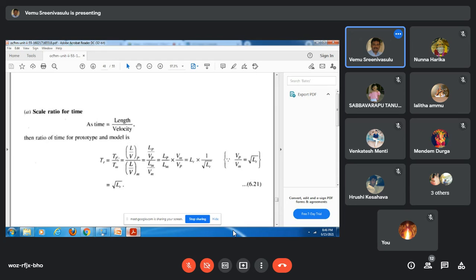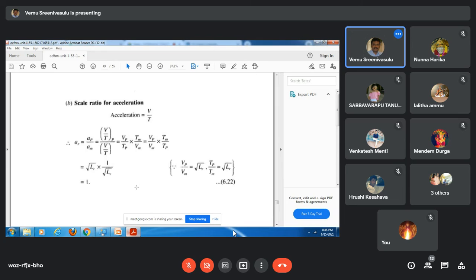Tr, the scale ratio for time, is equal to length by velocity. So the ratio of time for prototype and model, if you simplify this, is square root of LR. Okay. And for acceleration, it is 1 only. Acceleration of prototype by acceleration of model is equal to 1. AR is equal to 1. So simply substitute V by Tp, and for the model V by Tm.